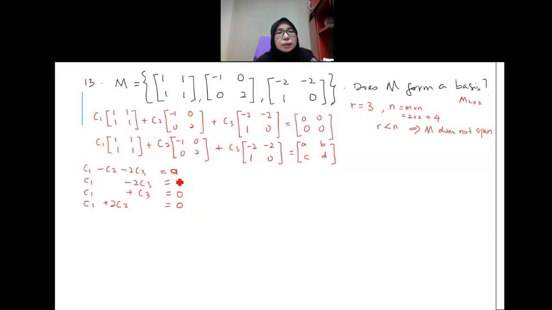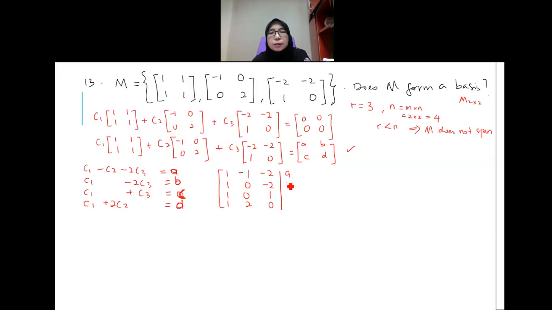So I must take the spanning part: A, B, and this is C and D. Then write the augmented matrix, and I should reduce it using row operations. So 1, negative 1, negative 2; 1, 0, negative 2; 1, 0, 1; 1, 2, 0.